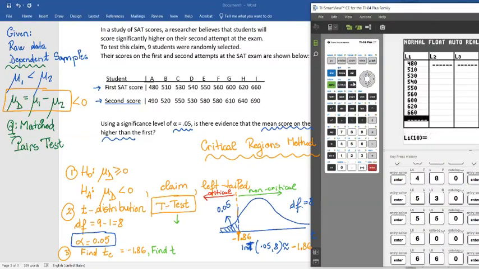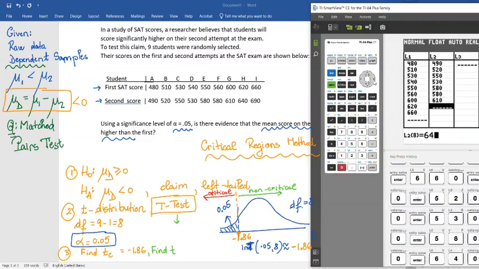We have 9 values in list 1. Now let's enter the second score for each one of these students: 490, 520, 550, 530, 580, 580, 610, 640, and 690.